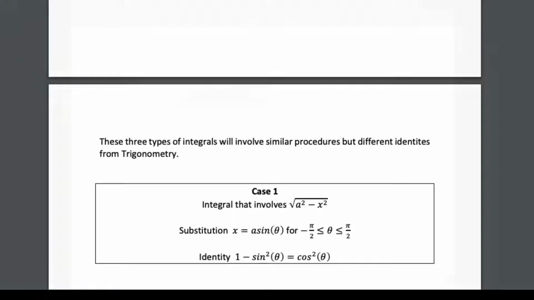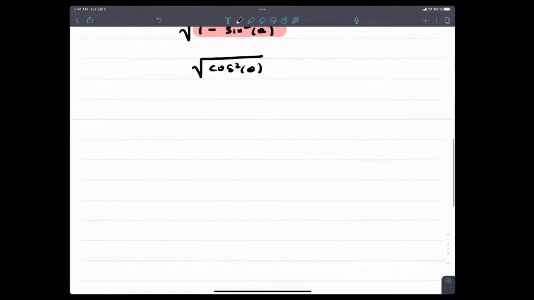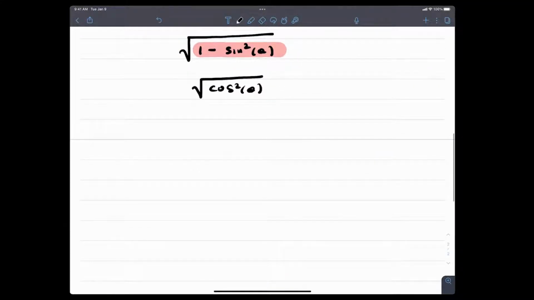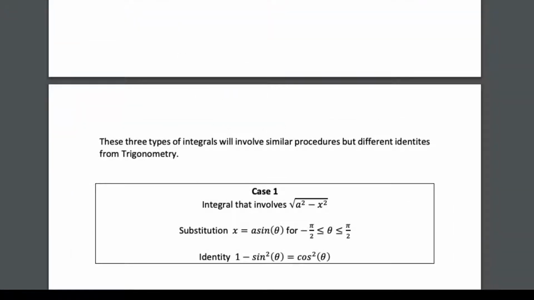Now, here's the thing about this, right? You guys know this is actually the definition of what? Cosine theta. Okay, you guys okay with that? That's the absolute value of cosine theta. Now, if we go back to how this was defined here, they're saying, what is theta going to be between?